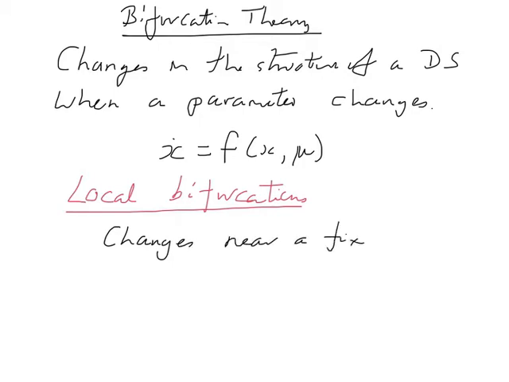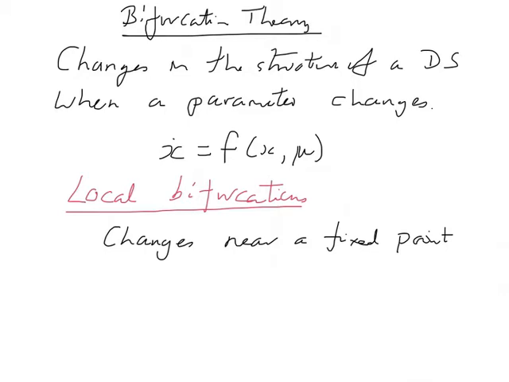So imagine that you have a fixed point of the dynamical system, and the question is, how might the dynamics change near that? For instance, we know about attracting fixed points and unstable fixed points. So you might imagine they go from attracting to unstable, something like that.